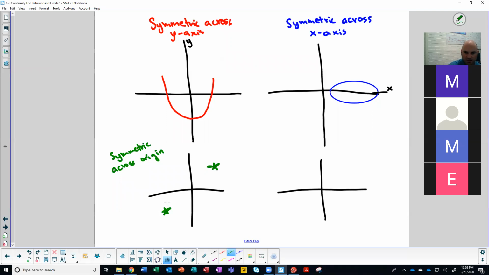And then finally, you could have symmetric over the line y equals x. Let me see if I have a dotted line to help me out here. Yeah, your graph would look like this. If it was something, I'll just use one of their smartboard shapes again.